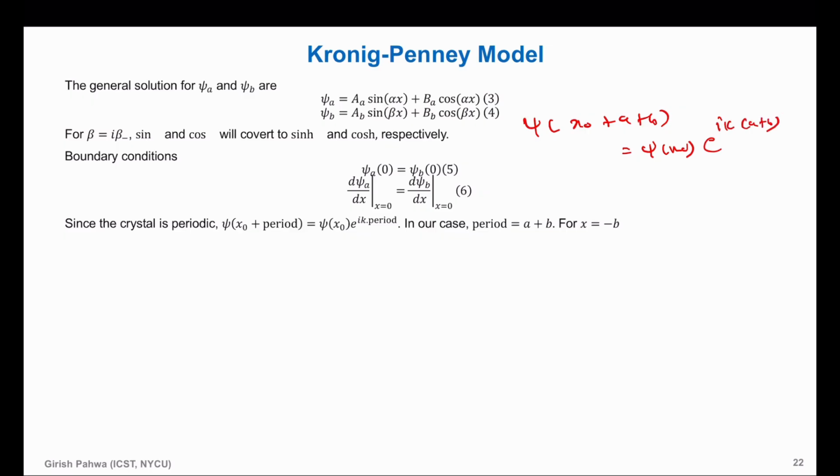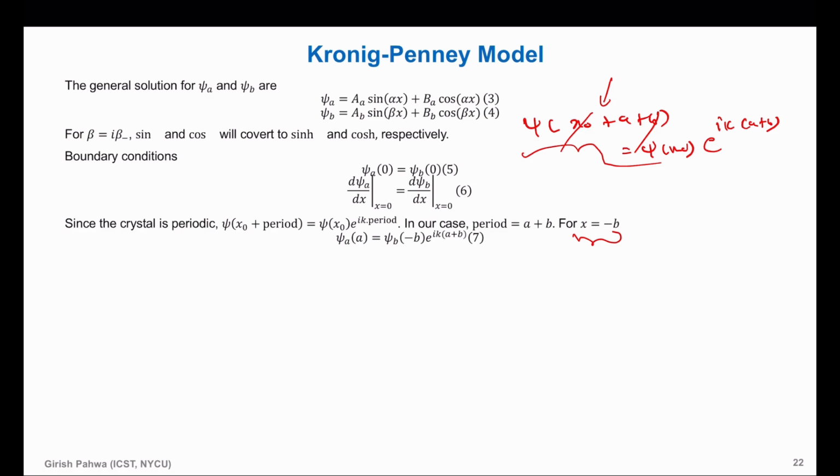Now let's take x equal to minus b. For x equal to minus b, this and this will cancel, and what will it give me? It will give me psi A at a. At x equal to minus b, my psi is psi B. Got it. So psi A and psi B are just the portions; I am applying this to the full wave function.